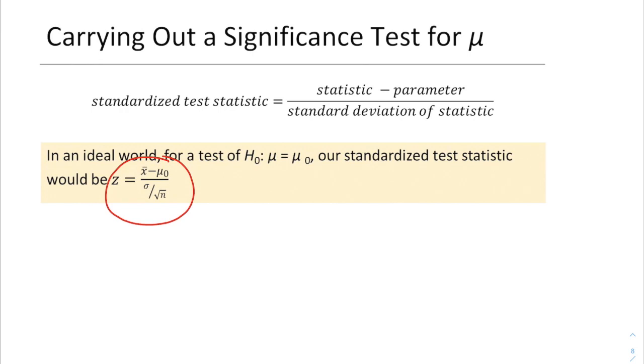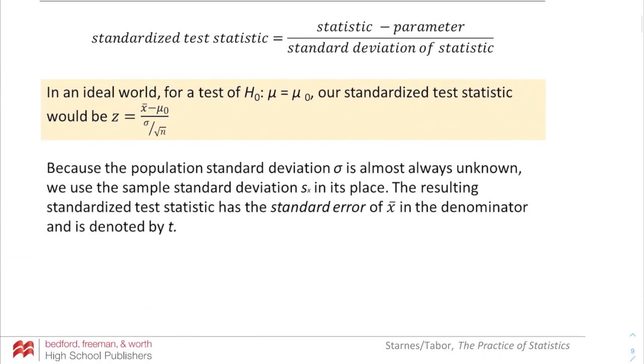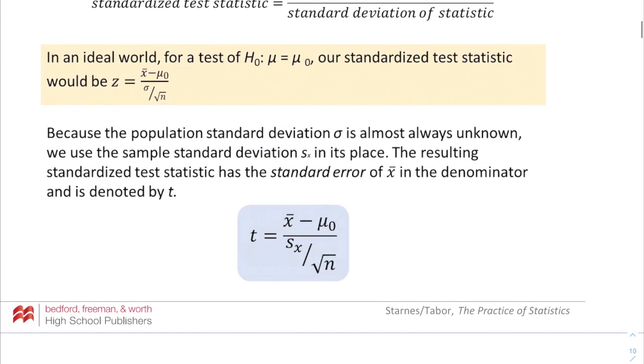But if we know what sigma is, then we would already know what the average is. So that's not realistic. So that's why we have to use our t-distribution.